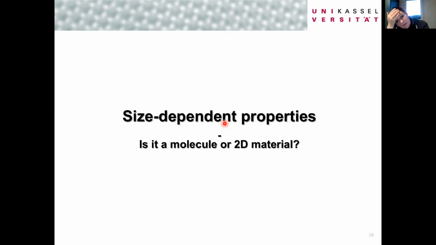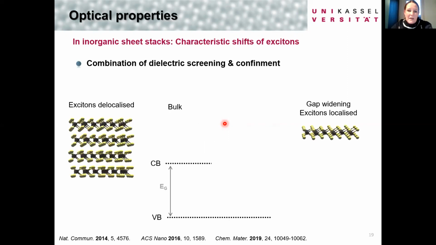So the question is, can we learn then something about size-dependent properties for these novel organic sheet stacks that are not investigated?